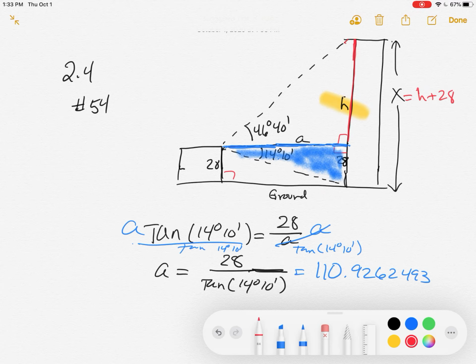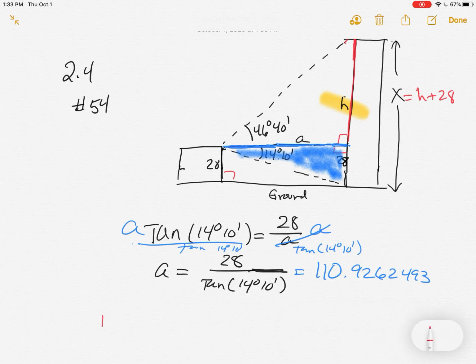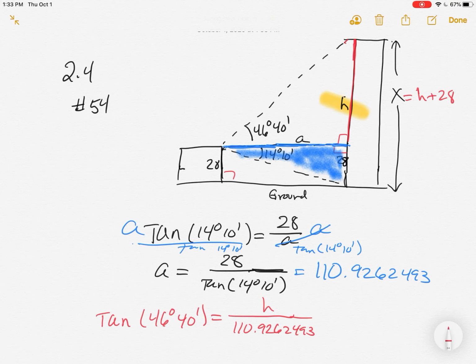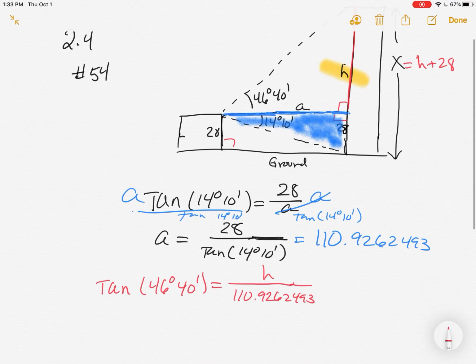We wanted to find h. Well, we have a right triangle that involves h. The opposite and adjacent, at least one of them is known and the other one we want to find. So the tangent of 46 degrees 40 minutes needs to be equal to this h that we want to find over this 110.9262493 number. So what's h equal to?